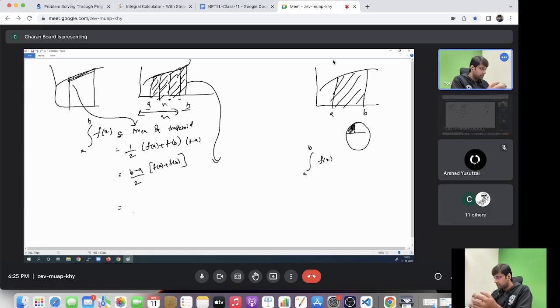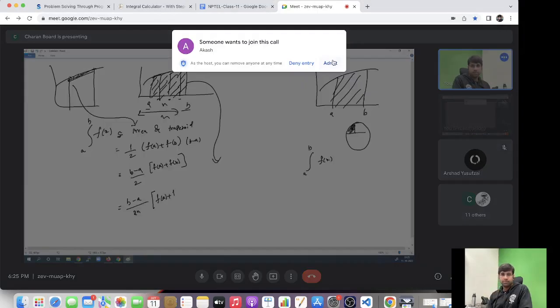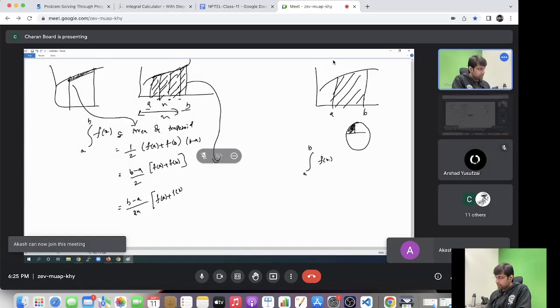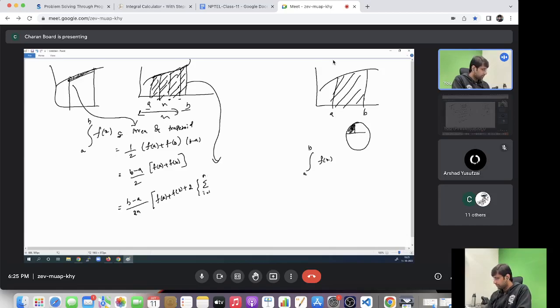So the final formula for this multi-trapezoid area calculation, which I inferred from the search note, is b minus a by 2n into f of a plus f of b plus 2 into the sum of i from 1 to n of f of a plus i n. So this a plus i n represents all these points, and f of a and f of b are the same.